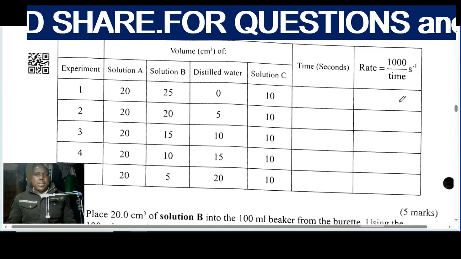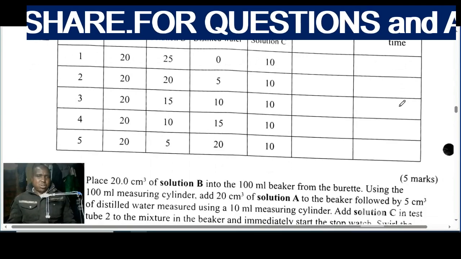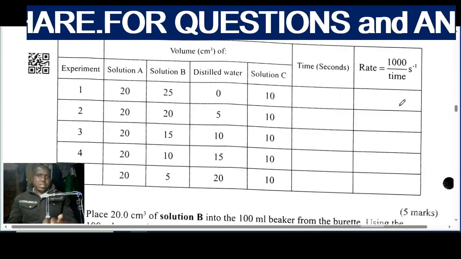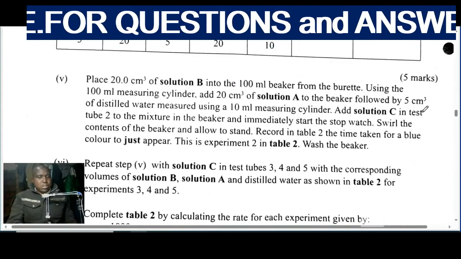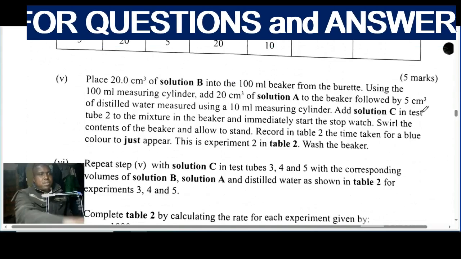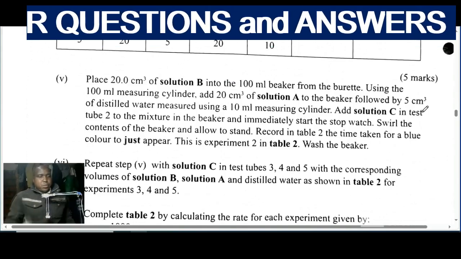But whenever you are given the rate of reaction, because this table you can fill because you will do the experiment, but if you want to know the values, I can give you the values if you need.